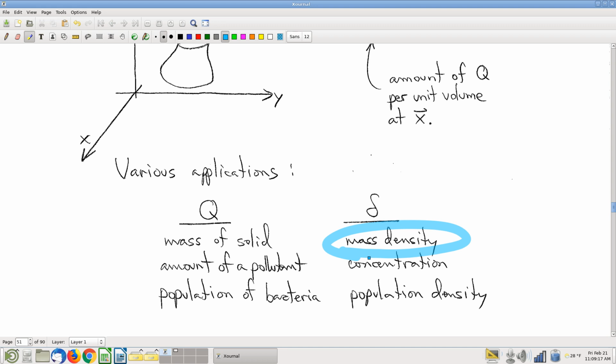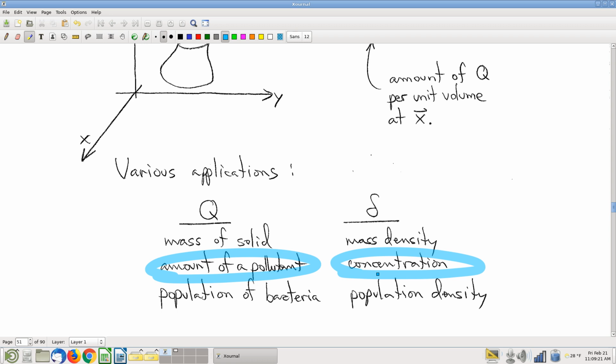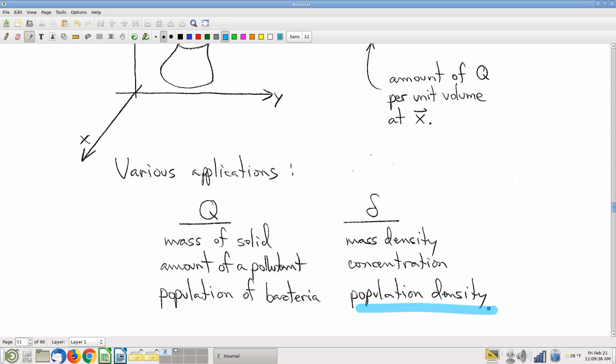It could mean amount of a pollutant per unit volume, and so you could talk about that pollution density, or as we sometimes call it, concentration. But it's still stuff per unit volume. More generally, stuff per unit size. Remember, if you're talking about population, we tend to think of population as stuff per unit area.